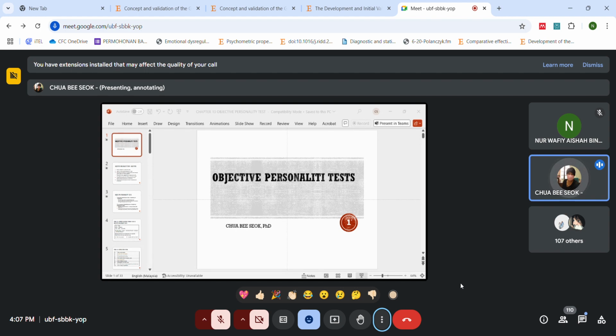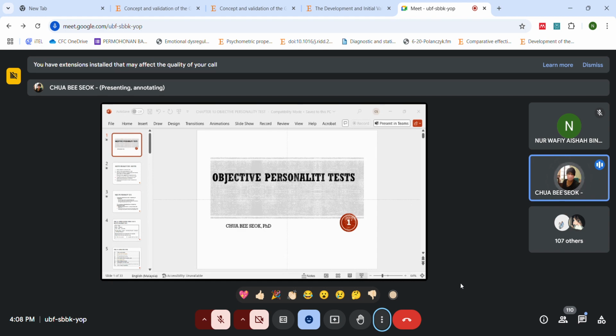Objective personality test is just like the psychology tests that you are very familiar with. They have a question, the item, and also the item response format, in questionnaire form. So why do we call it objective? Because we can score it objectively.